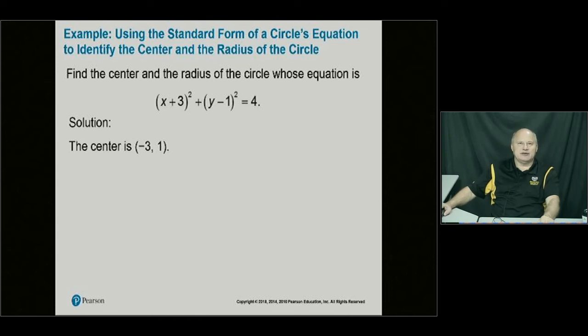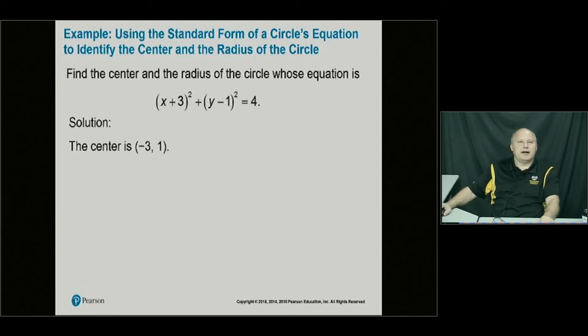So negative h equals 3, which makes h equals -3. And then y minus k would be y minus 1 in this case, so k would just obviously be 1. So the center is (-3, 1).